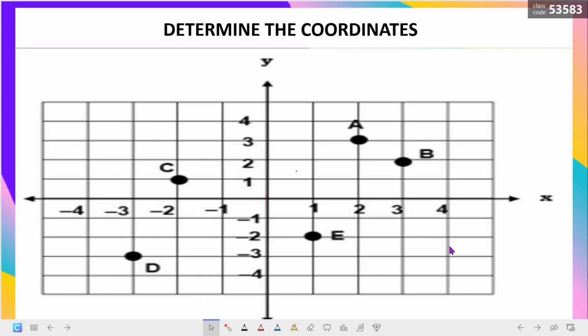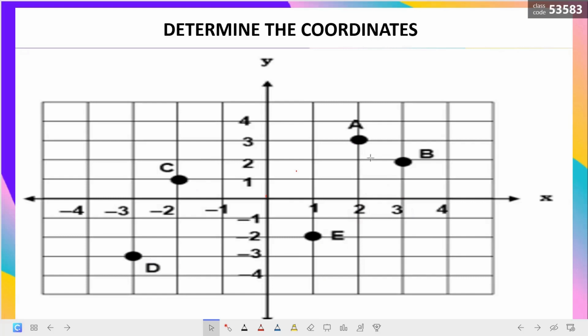All right, let's determine the coordinates of each of these points. You have points A, B, C, D, and E. Let's go to point A first.